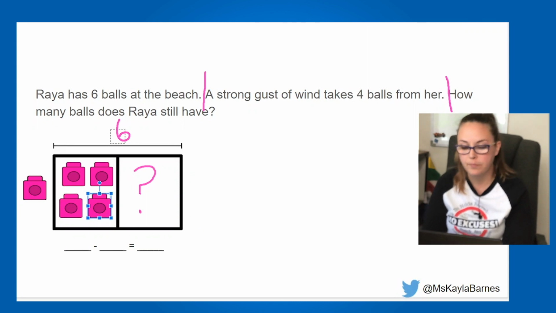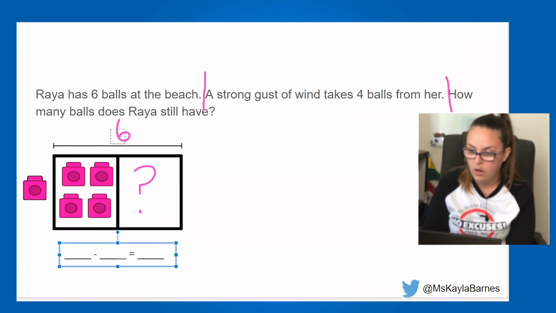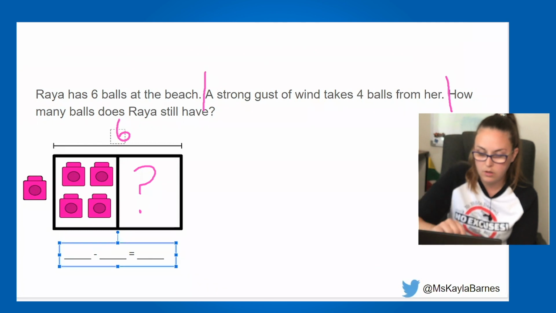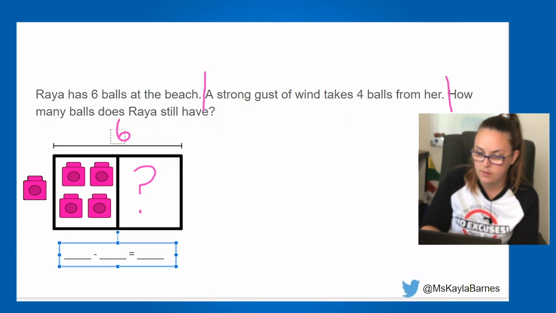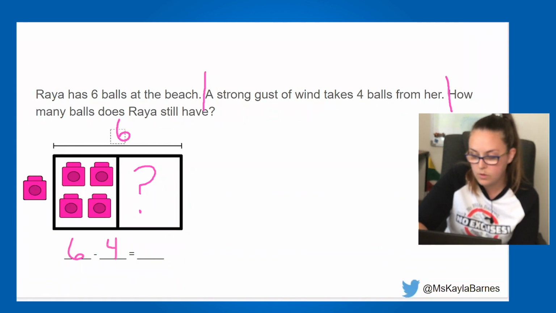Okay, great job. So our subtraction sentence, when we are ready to solve it, remember where the pieces of the table go. Our subtraction problem will look like this. 6 minus 4 equals what?